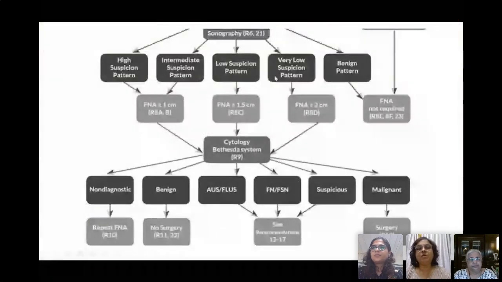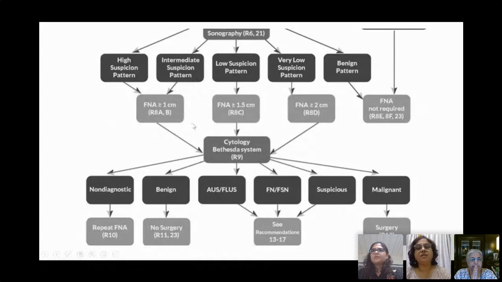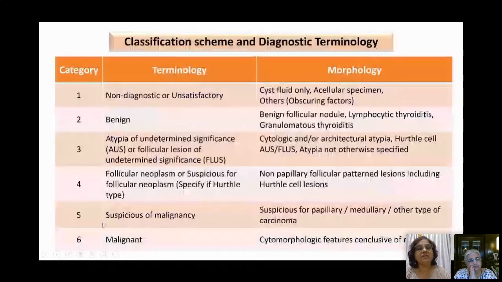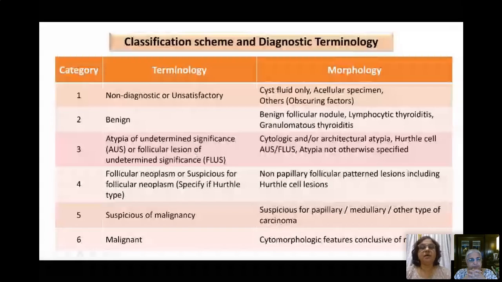Along with ultrasound, FNAC is indicated in certain conditions when the size of the nodule and ultrasound interpretation are taken into consideration. And this is a good flow chart showing it from the ATA guidelines. But the Bethesda system that we are using for reporting thyroid cytopathology has 6 categories ranging from non-diagnostic to malignant, and all of them are important because clinicians act on the category that we put under a particular lesion.